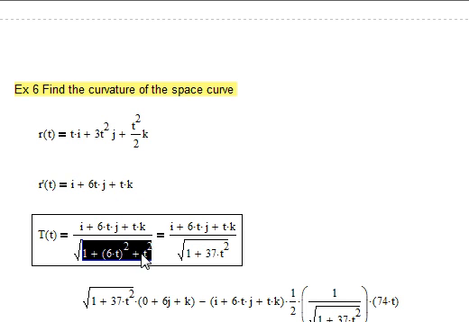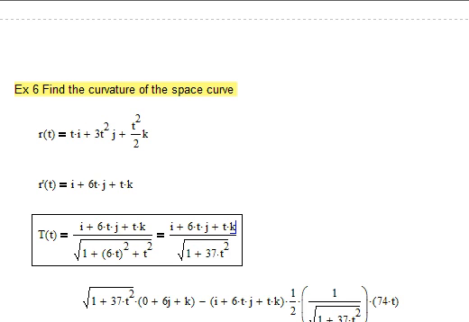Right there it is. So our unit tangent vector is 1 divided by this times i plus 6t divided by this times j plus t divided by this times k.